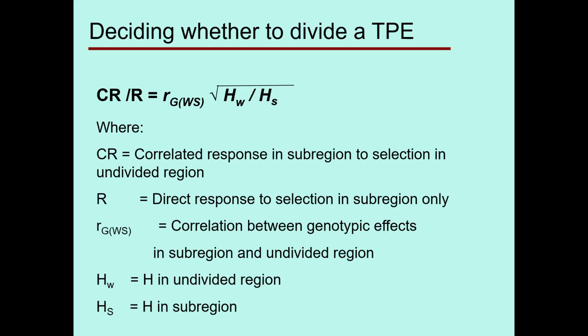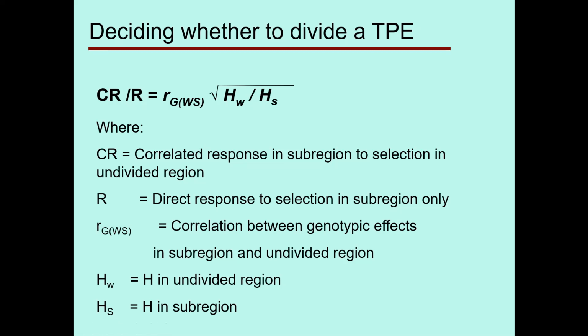And there's a pretty straightforward modeling approach to assessing that. It's the formula for estimating the magnitude of correlated response to direct response, and you can apply this to the correlated response in each subregion to selection in the undivided region as a whole.